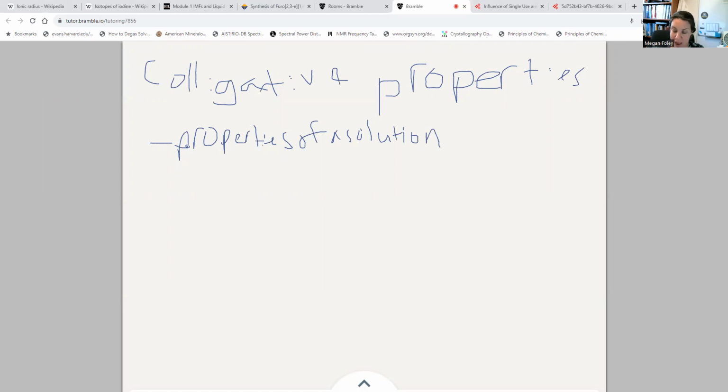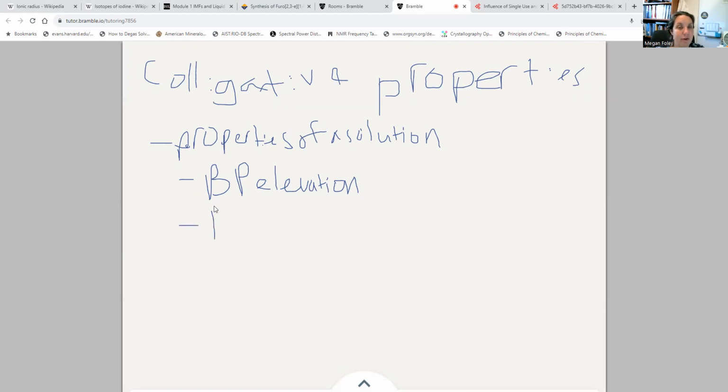So in particular, we have 4 different types of colligative properties. We've got what's called boiling point elevation. The idea here is that if you have a solution, the boiling point of that solution will be slightly higher than the boiling point of the pure solvent.